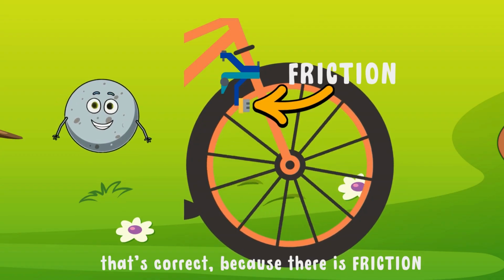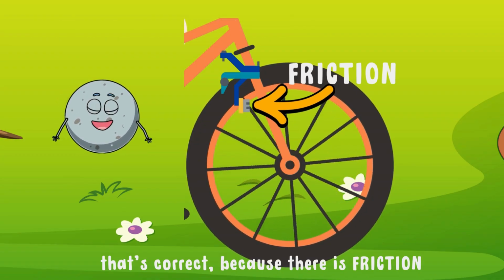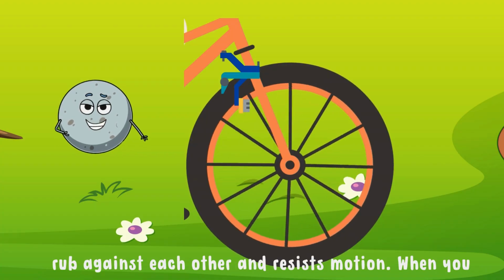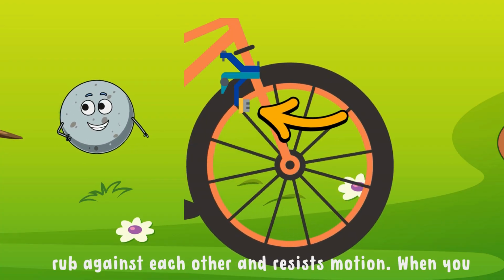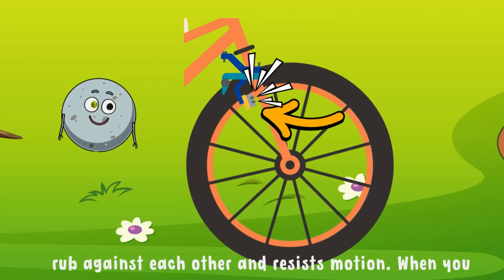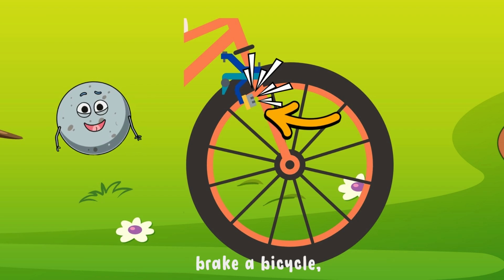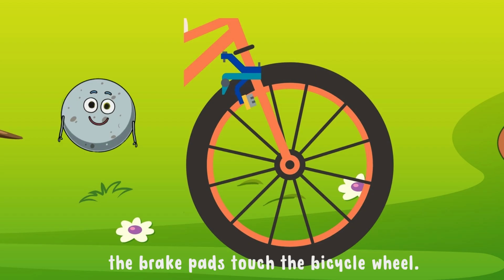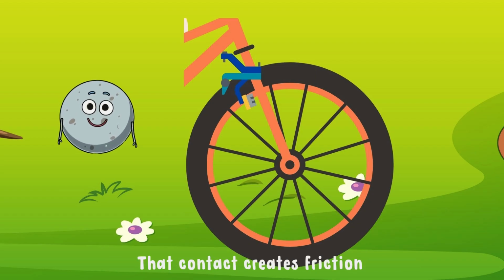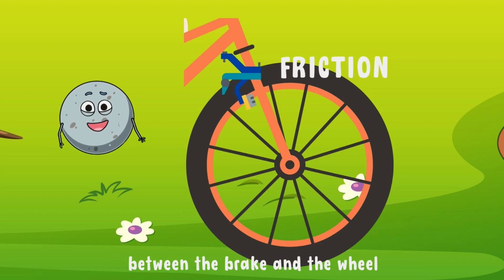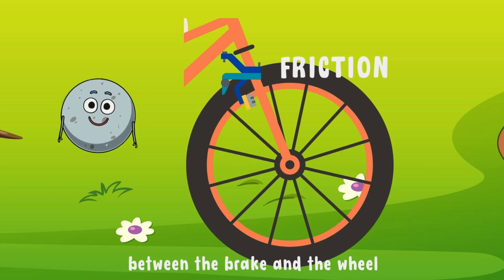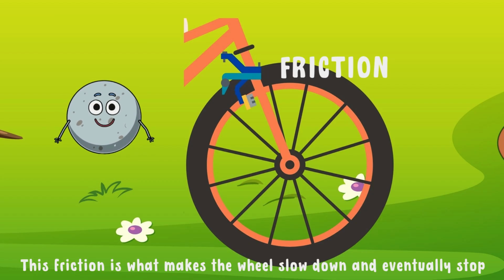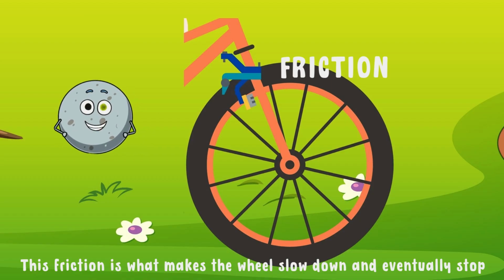Because there is friction. Friction is the force that arises when two objects rub against each other and resist motion. When you brake a bicycle, the brake pads touch the bicycle wheel. That contact creates friction between the brake and the wheel. This friction is what makes the wheel slow down and eventually stop.